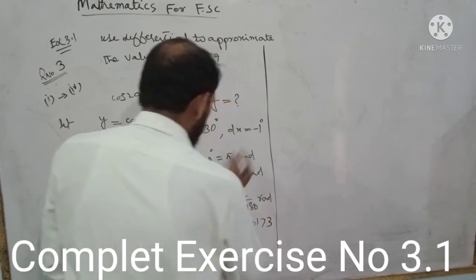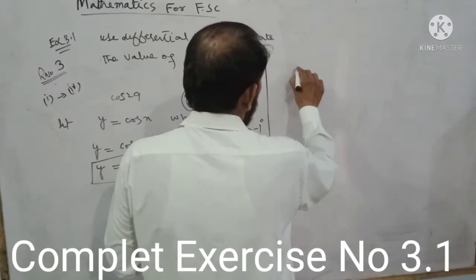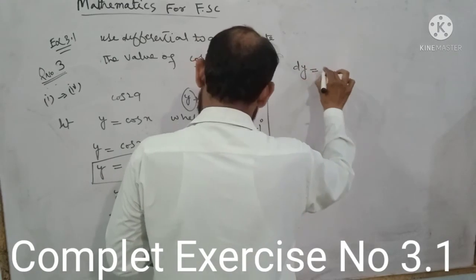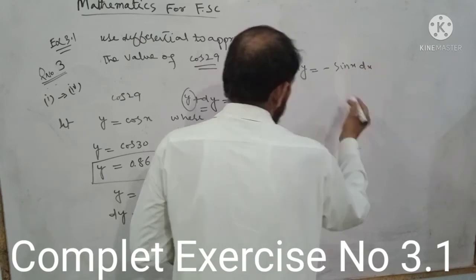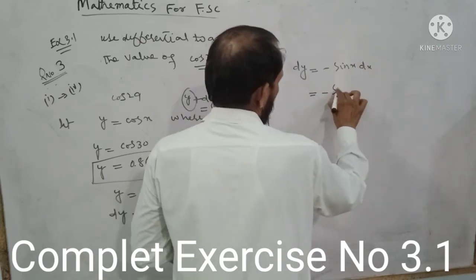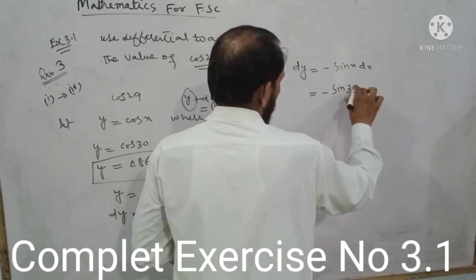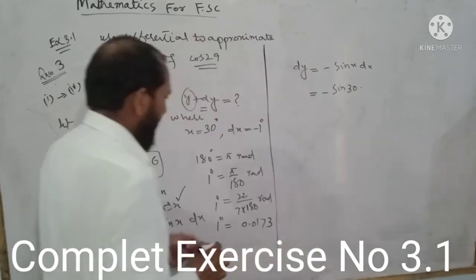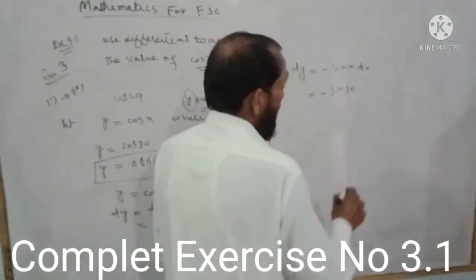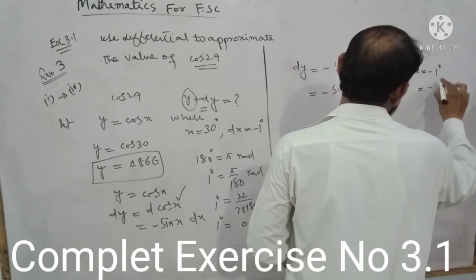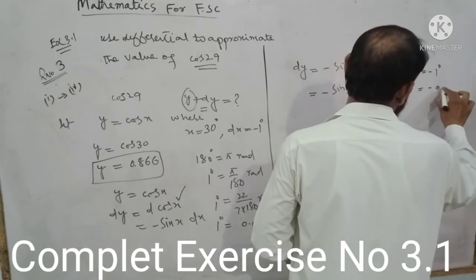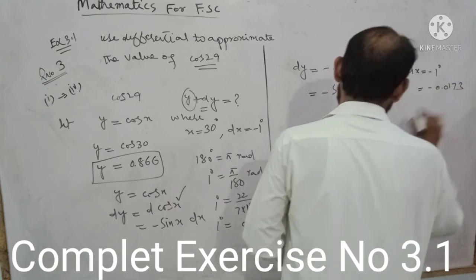So the value we can write as dy equals negative x dx, where the value of x is 30 and dx is negative 1 degree. One degree is 0.0173.